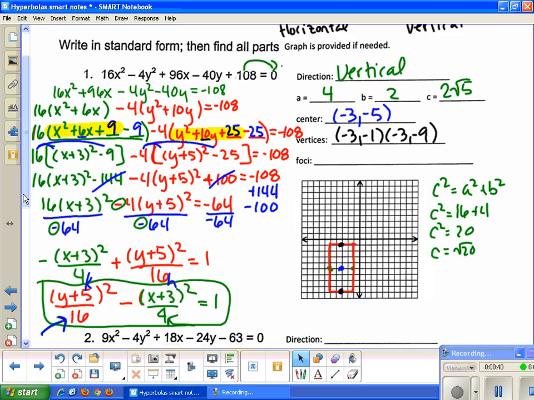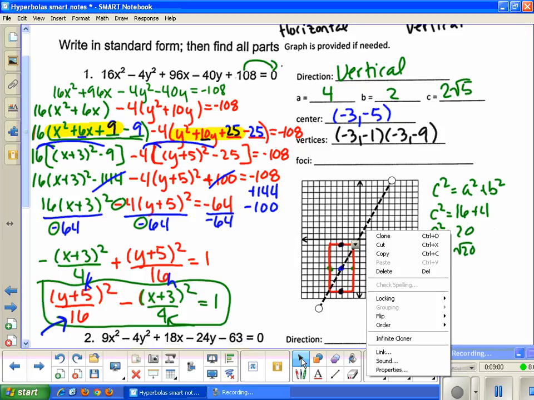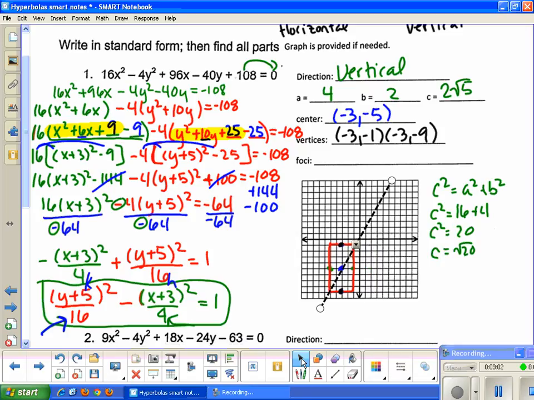And I'm going to draw my asymptotes in now. See how well I can do this on the smartboard. Oh, not bad. A little off, but that's okay. We can try to see if we can fix it. Of course, you have your ruler and graph paper, so it'll make it a little bit easier than smartboard. Here we go. That's better.